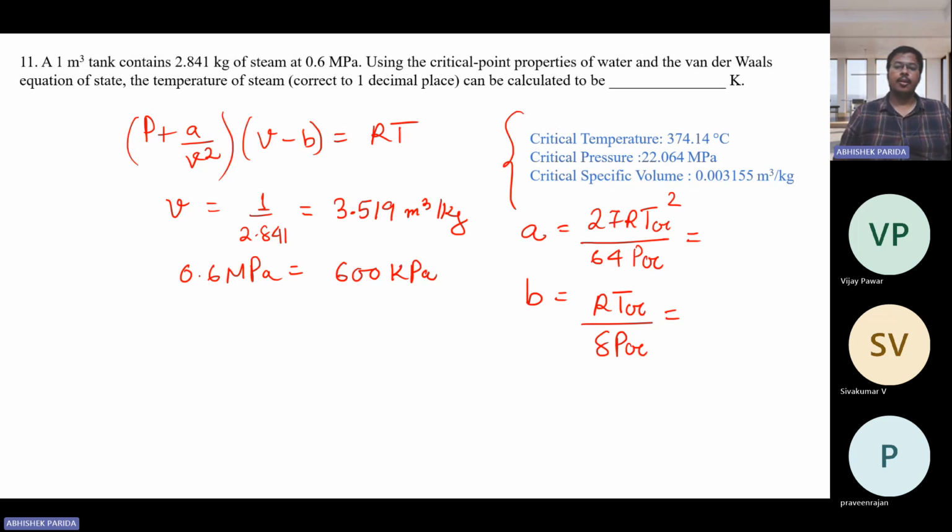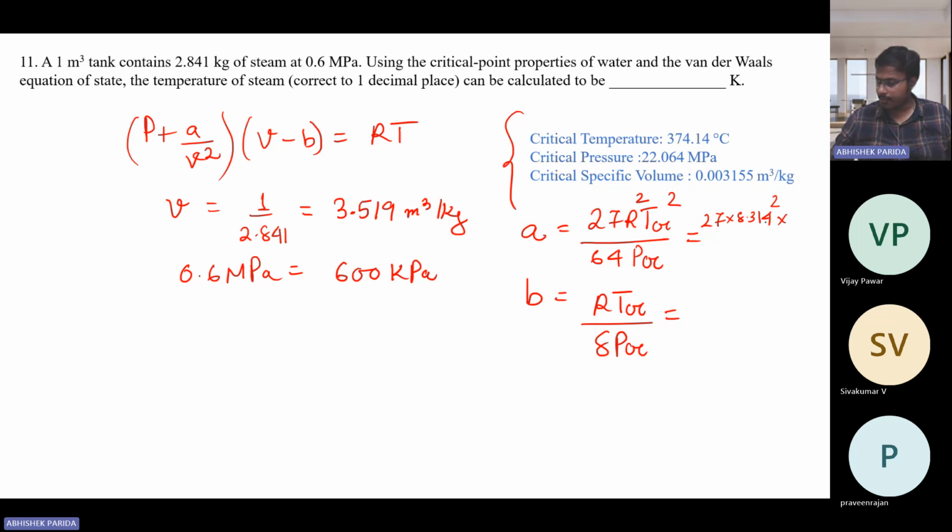Remember to use Kelvin. So 27 into 8.314. I think it is R square, yeah. 27 R square T square by 64 P critical. 8.314 square into T, which is 374.14 degrees Celsius.